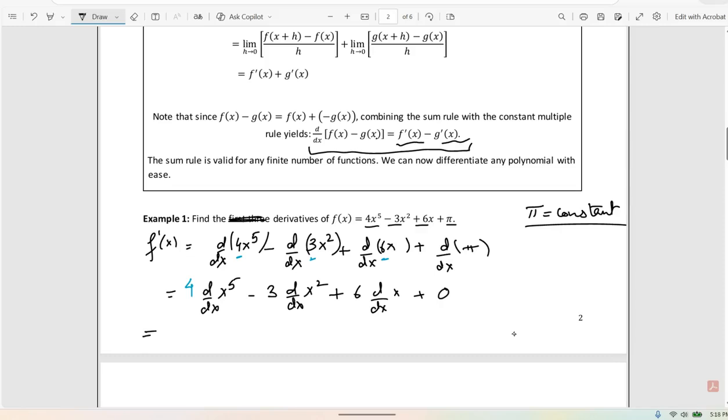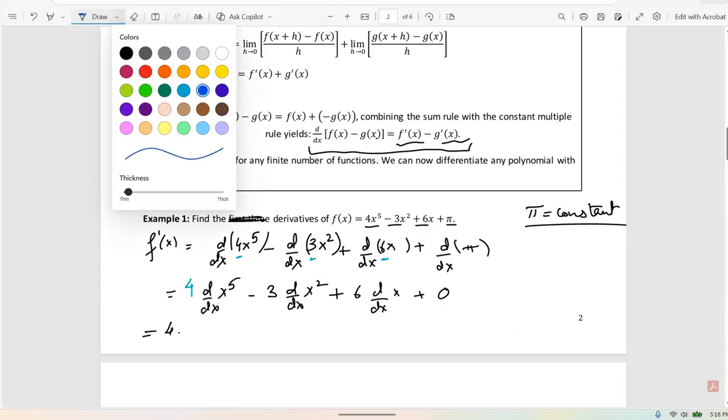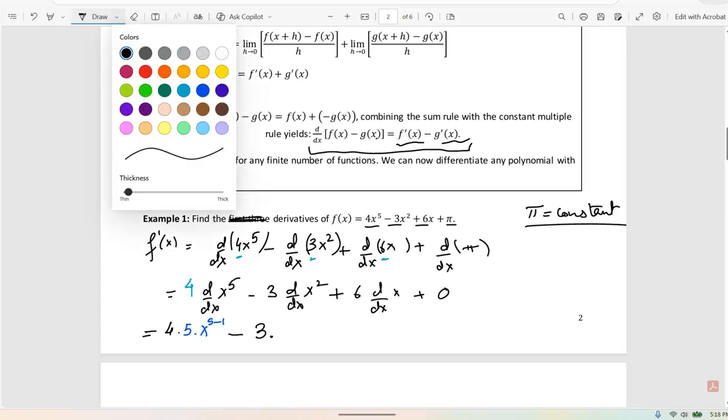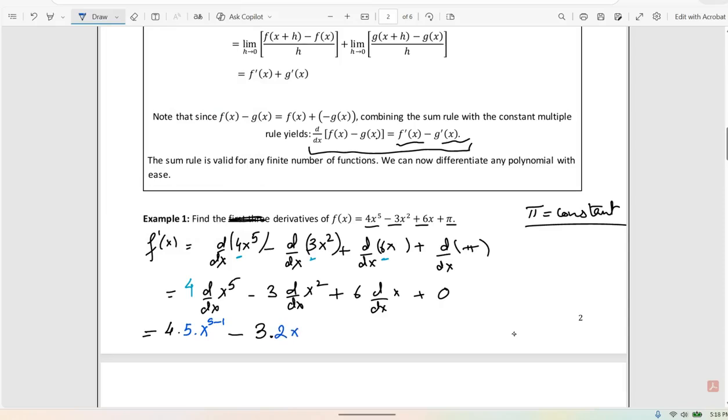Okay. 4. Now x to the power 5, we can do the derivative using the power rule. Okay, power comes down, power 1 less, 5 minus 1. Minus 3 times the derivative of x square. 2 comes down, power 2 minus 1.